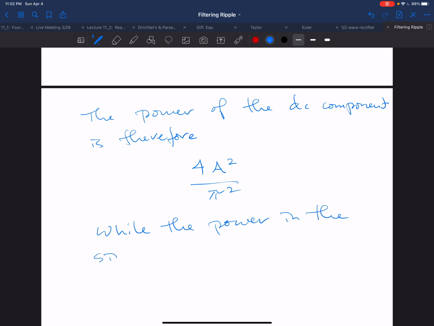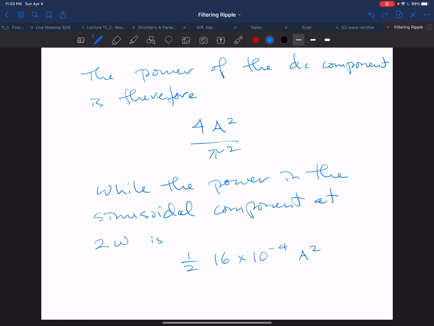While the power in the sinusoidal component at 2 omega is going to be 1/2 the square of this amplitude. The amplitude was about 4 times 10 to the minus 2a, so its square will be about 16 times 10 to the minus 4a squared. In other words, 8 times 10 to the minus 4a squared.